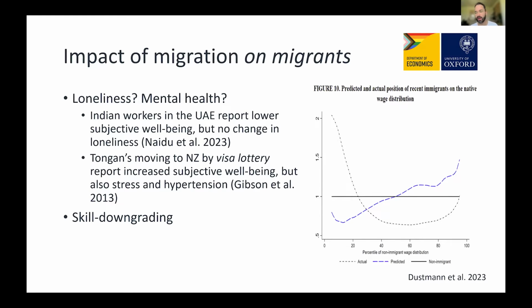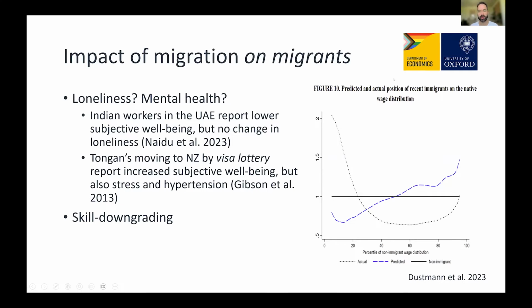And they do actually report lower subjective well-being. Tongans moving to the US report higher stress, though they do report higher subjective well-being. So there may be a non-monetary cost to migration that we might be underestimating if we just look at wages.